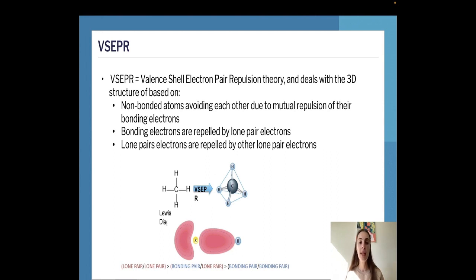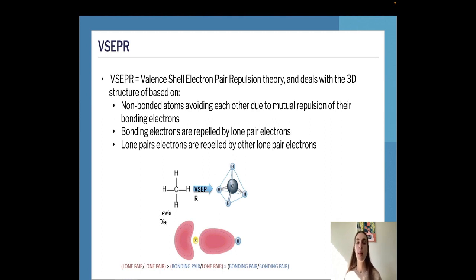As we can see on this particular diagram, we've got a methane molecule, and then we can convert it into a VSEPR representation in which it forms a triangular type molecule shape. These structures are based on non-bonded atoms avoiding each other due to mutual repulsion of their bonding electrons.